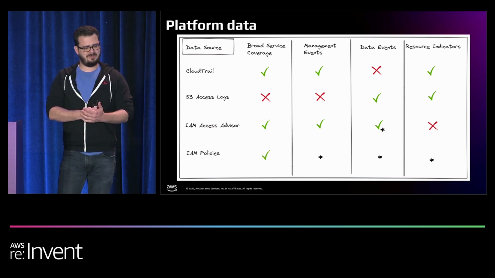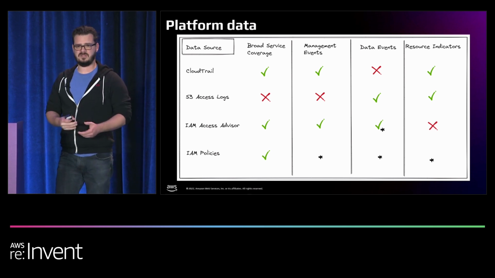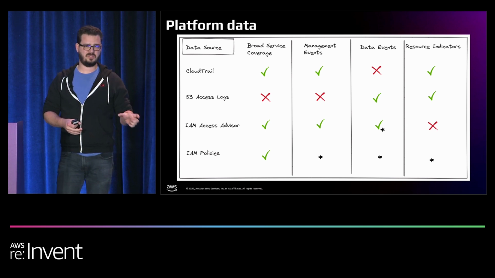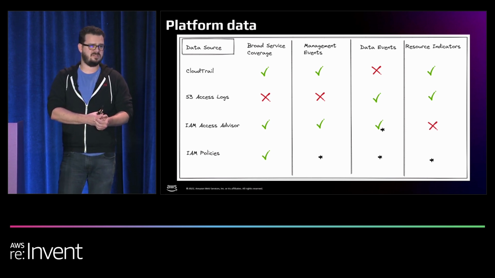The last one here being IAM policies really depends on how one has created those policies. At Netflix, our team is the one typically creating those. So using those IAM policies, you can explore what resources a given IAM role has access to. If the permissions allow the application to talk to one SQS queue specifically by name, there's a pretty good indication that there's a resource dependency that exists there.